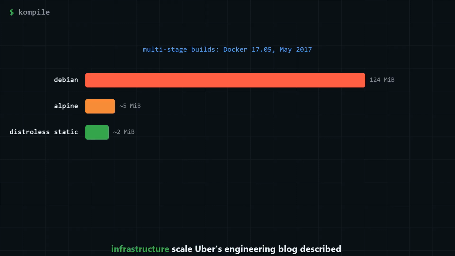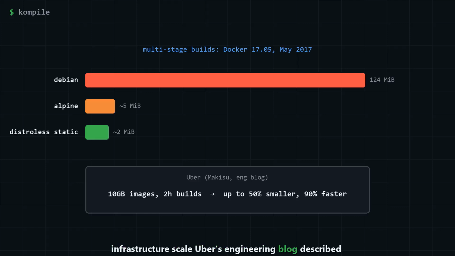And at real infrastructure scale, Uber's engineering blog described their legacy pipeline producing images over 10 gigabytes that took up to 2 hours to build. Their replacement build system, Makisu, cut image sizes by up to 50% and build times by up to 90% on some repositories, largely by stripping build-only dependencies that a naive Dockerfile leaves sitting in an immutable layer forever.